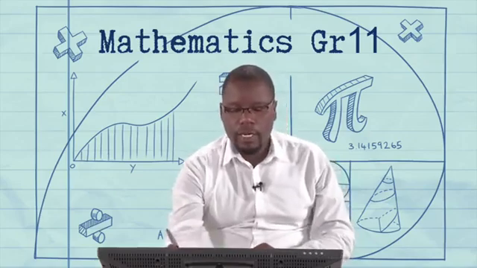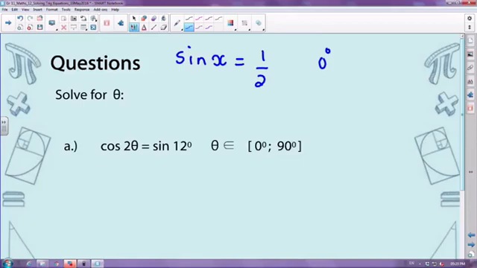I want you to work out the values of x, where x is between 0 and 360, and then you'll be able to tell how many solutions you're going to have there. Just take 1 minute and work out the values of x for x from 0 degrees to 360 degrees. Just 1 minute, guys.